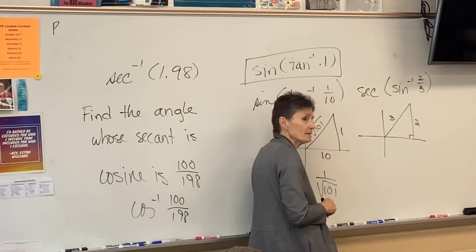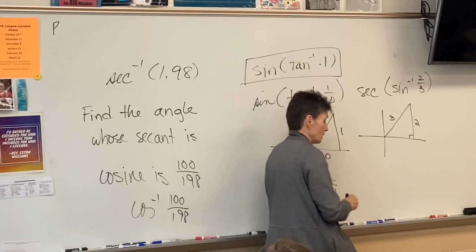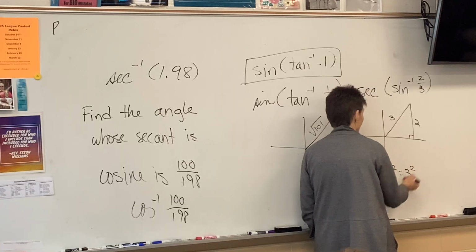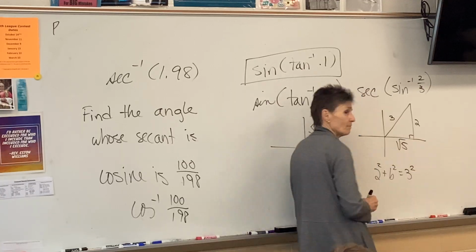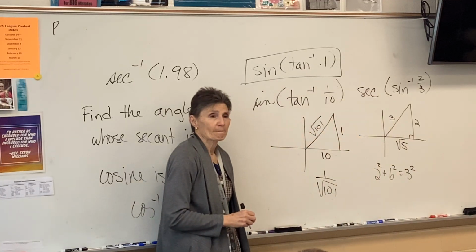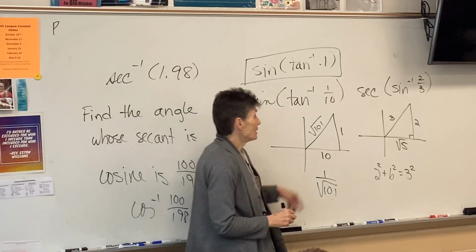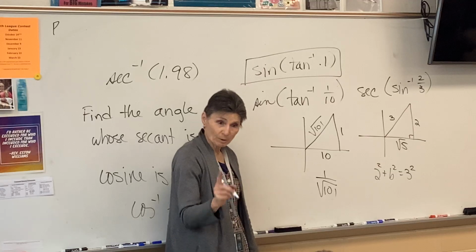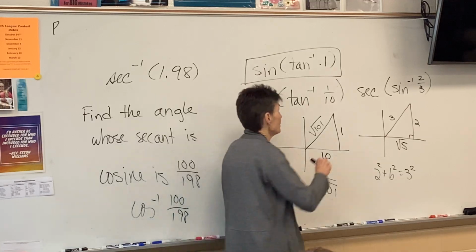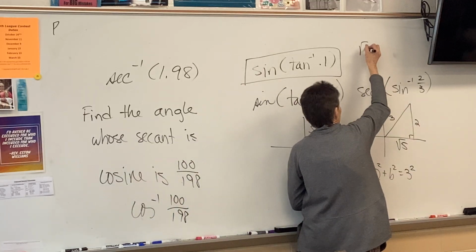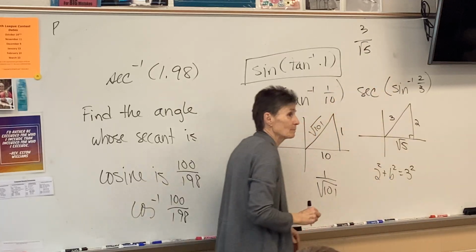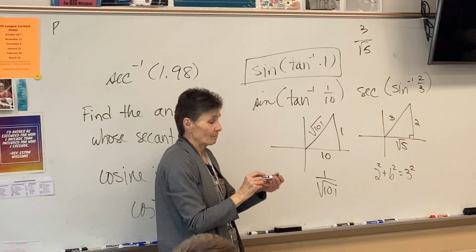Yep, Pythagorean theorem. Please do not say root 13, that will be wrong. 2 squared plus b squared is 3 squared. I think it's root 5. Now I want the secant of that. That's the reciprocal of cosine, so it would be 3 over root 5. That would be my answer.